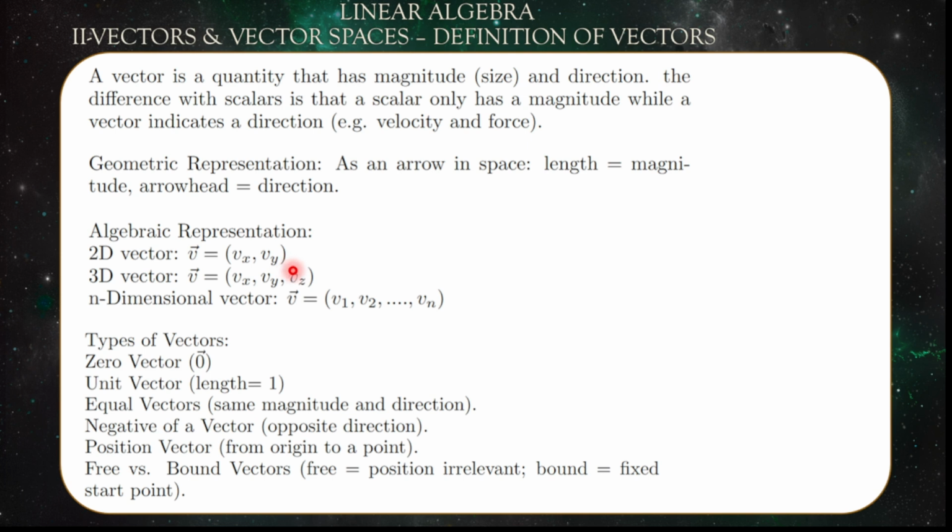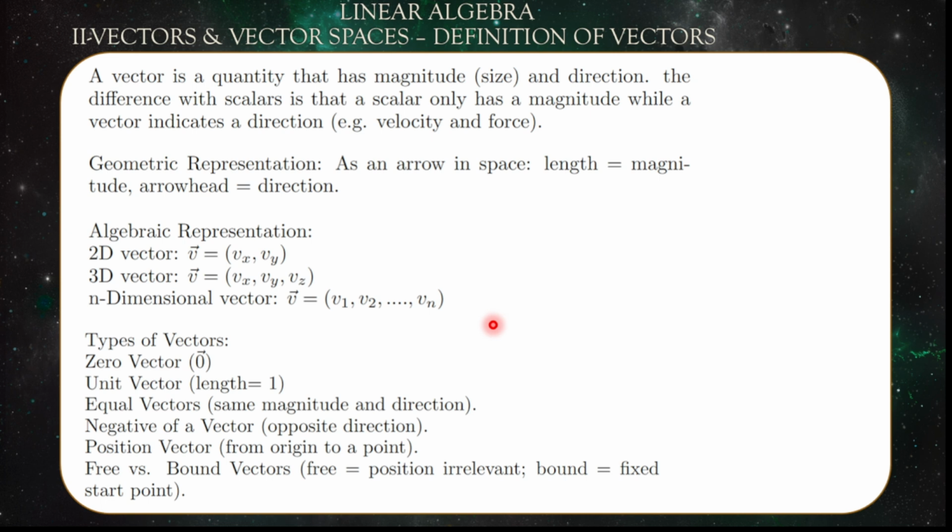These are the coordinates of the head of the vector, the second tip of the vector, while the first tip is sprouting from the origin of the axis. As for 3D vectors, we have Vx, Vy, Vz, so three coordinates for length, breadth, and height. N-dimensional vector, you would have V1, V2, Vn, etc. for multiple dimensions.